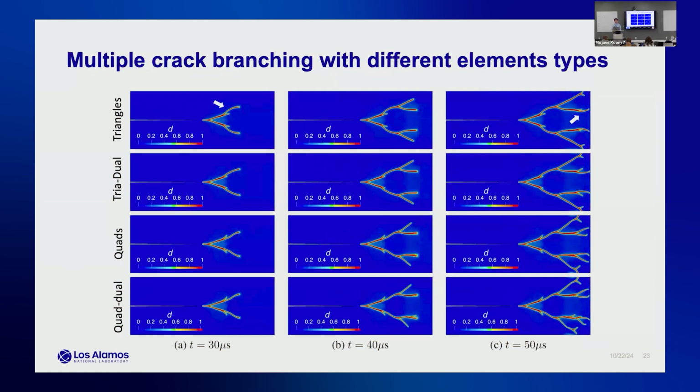And each column corresponds to the same time step. So what you can see is the crack patterns are similar for all the meshes, but in the details they are different. Especially where I have the white arrow, the detail is the crack branching. So on the left, you can see either there are 2 branches, either the top one or the bottom one will dominate the crack branching event.